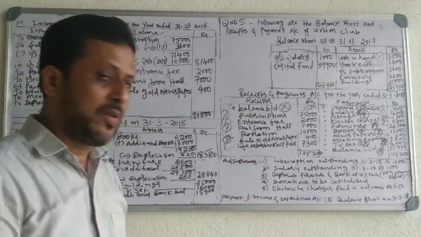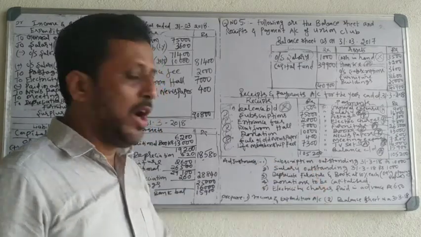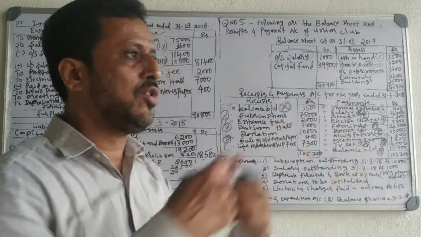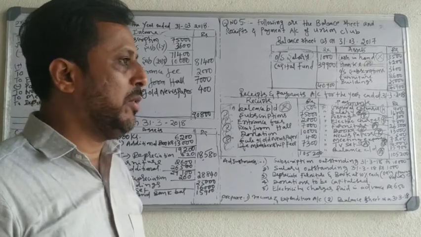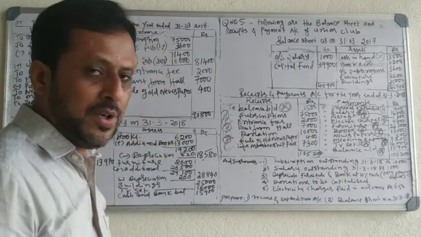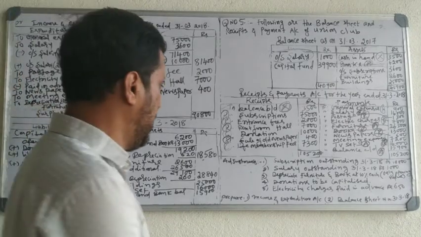Go to the adjustments. Subscription outstanding. See, outstanding means organization has to pay or organization has to receive. If the outstanding amount is organization has to pay, then it is a liability. If it is organization has to receive, then it is an asset.